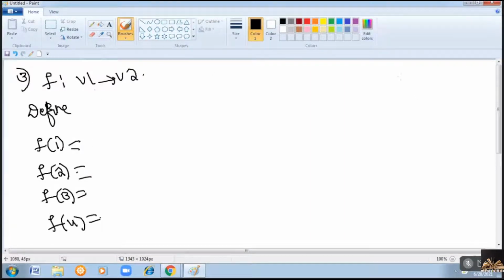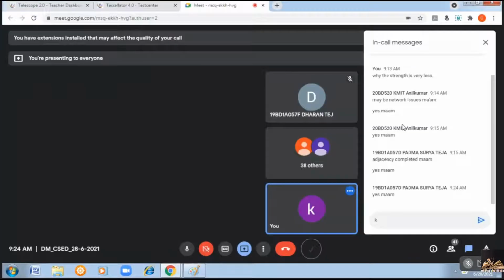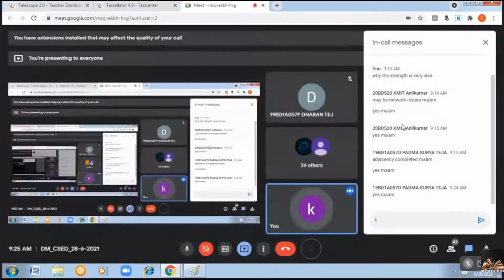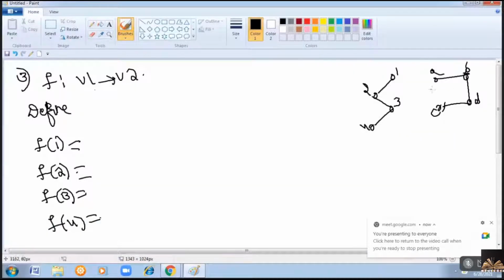Now, let me draw the diagram here. So f of 1: what is the degree of the vertex 1? In the first graph, the degree of vertex 1 is 1, right?